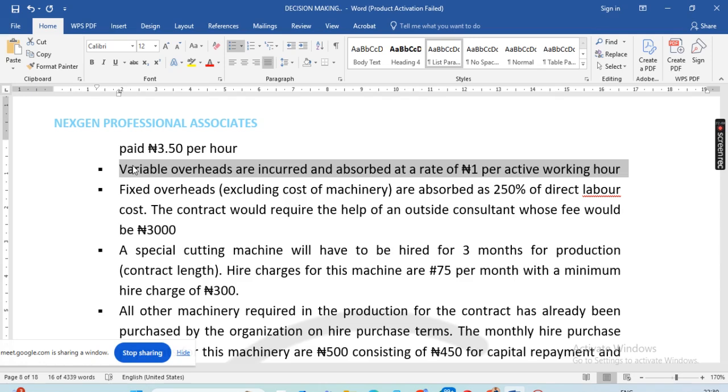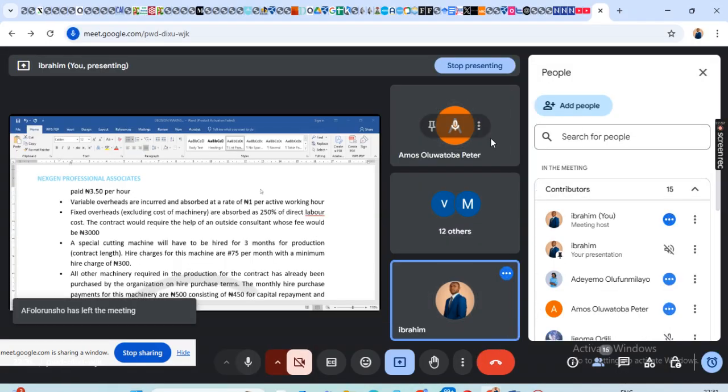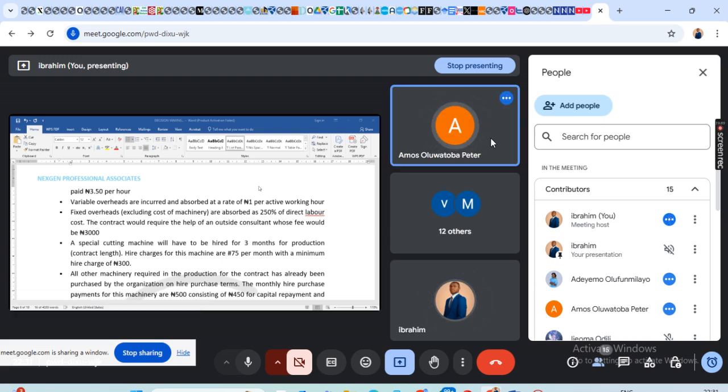Is it a relevant cost? Variable overhead. Yes, because every variable cost is a relevant cost.